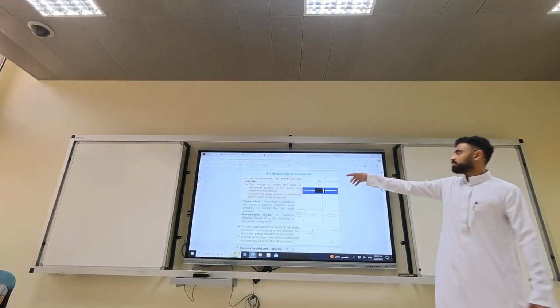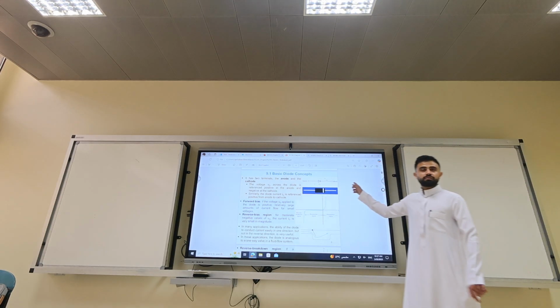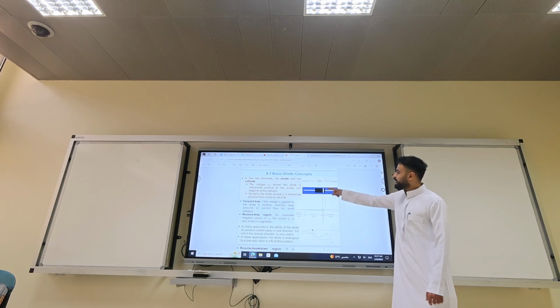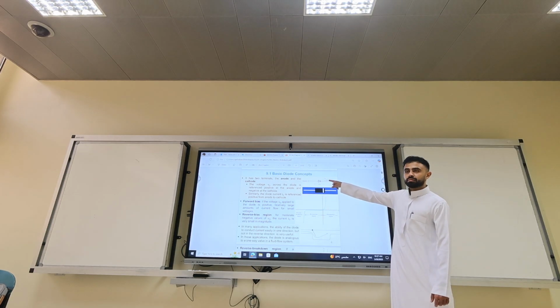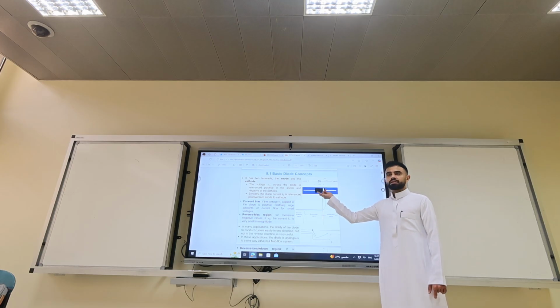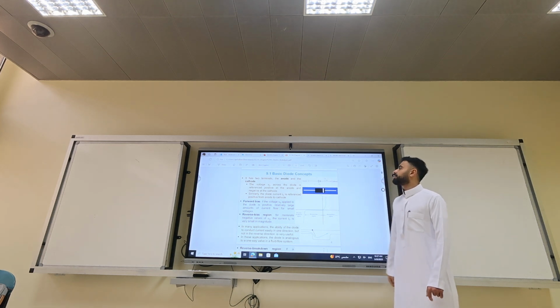The positive, we call it what? Anode. The negative, we call it? I think chemistry 102, they talk about it. Anode and cathode, okay? Same concept here. In the lab, the white strip indicates the cathode. So you cannot connect it like the resistor. It's like the capacitor. Negative is negative. You have to connect it that way.